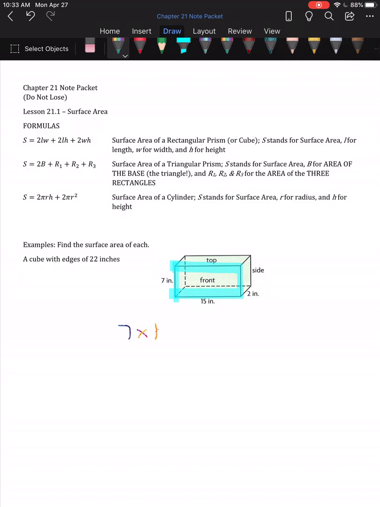So that's 7 by 15, that is 105. Technically, it's 105 square inches. I'm not worried about you putting the units of measure on until the very end. You can do it throughout, but you're just going to be writing down a lot of extra stuff you don't really need. Okay, so that's the front.